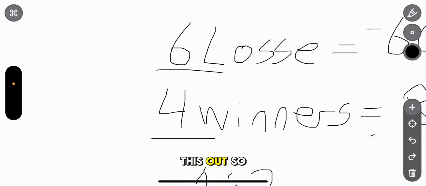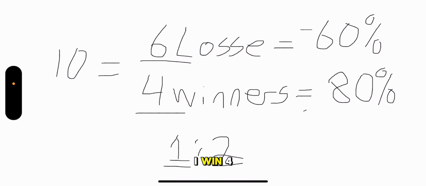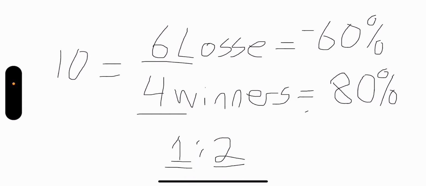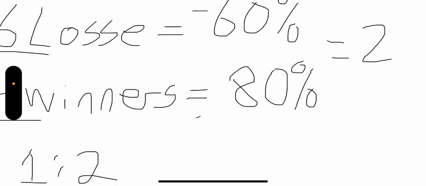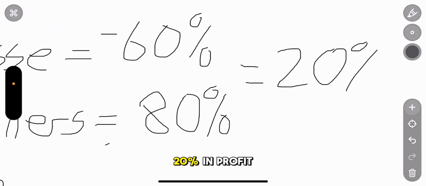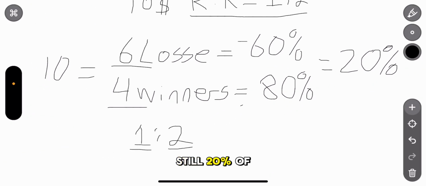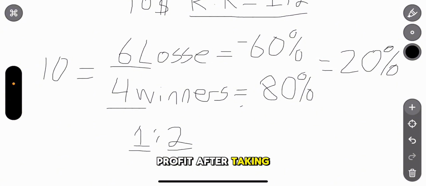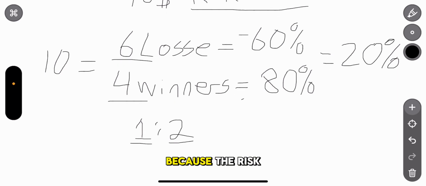So out of 10 trades in total, I win 4 and I lose 6. Right? I am still 20% in profit. How am I still 20% in profit after taking 10 trades, taking 6 losses at 10%, and taking 4 wins at 20%? Is because of the risk to reward.